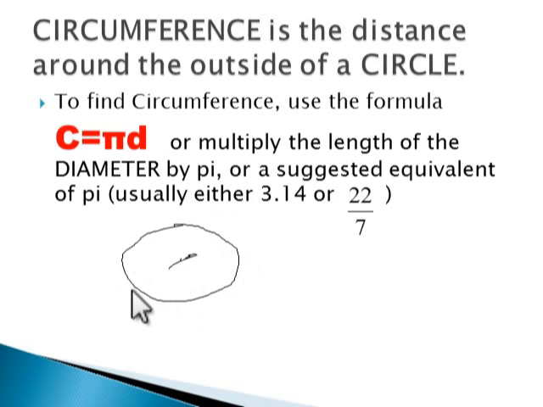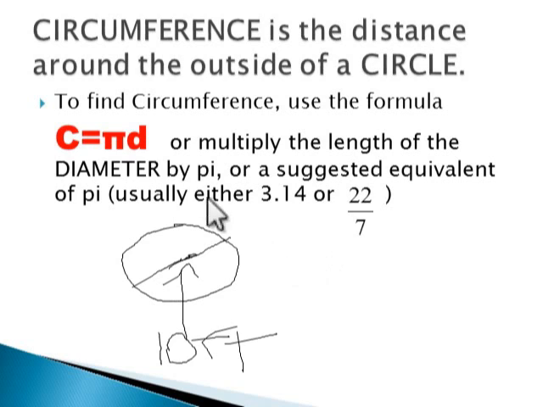Oops, that was pretty bad. Okay, and all the way across the circle, remember, is called a diameter. So if I told you that the diameter measures 10 feet, which is kind of silly in this picture, but that's okay. And I want you to find the circumference.